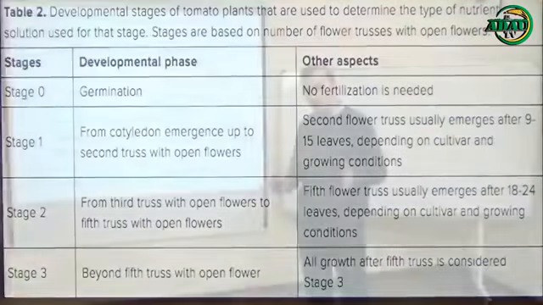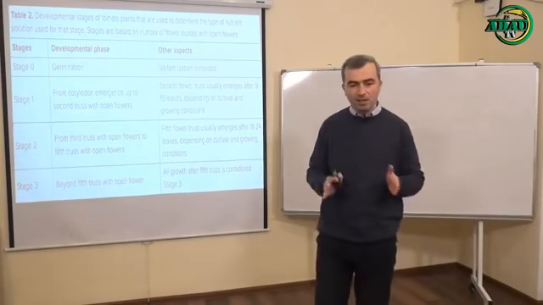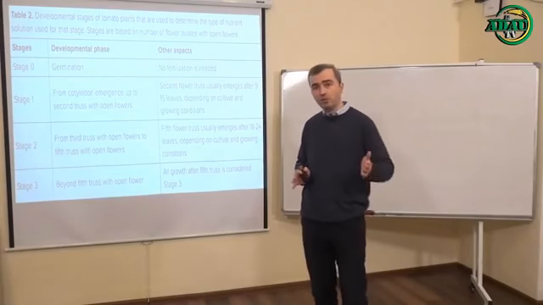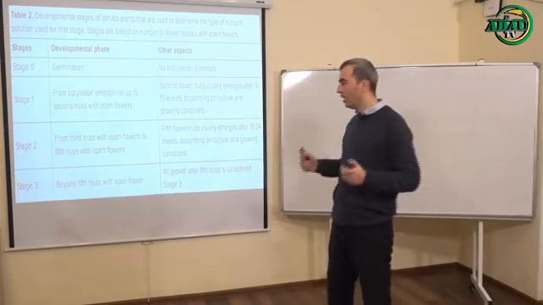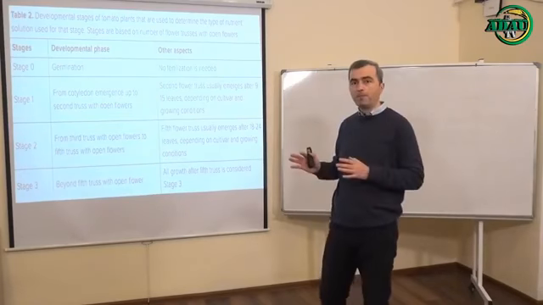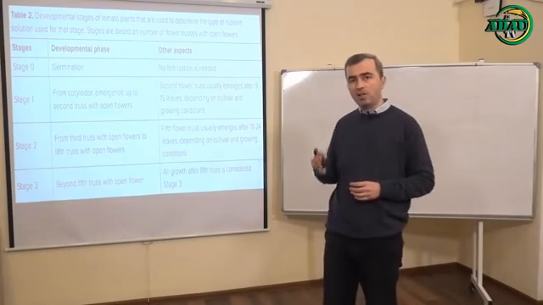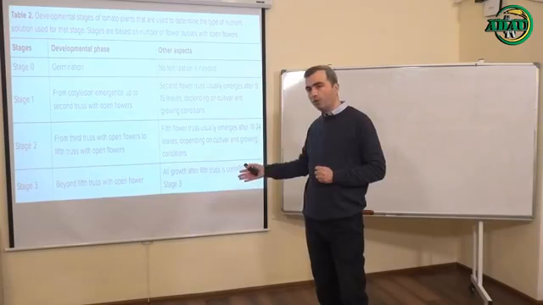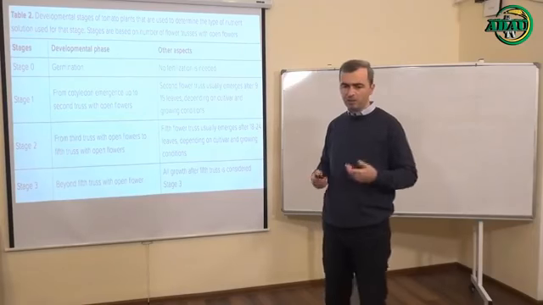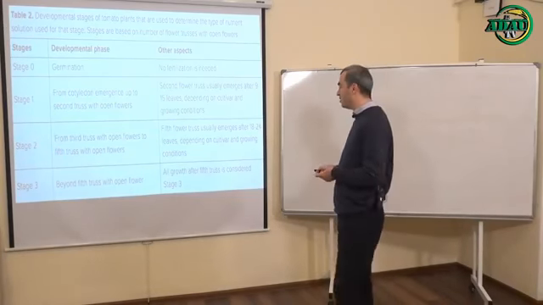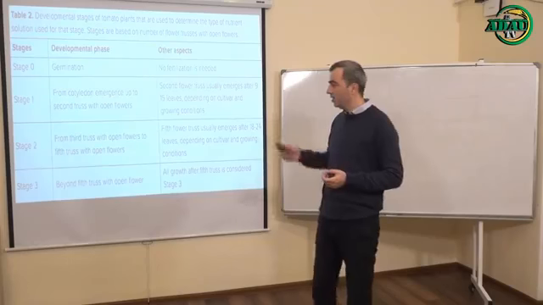Stage 2 starts when the plant has from 3 to 5 open flower trusses and already has from 18 to 24 leaves on the plant. And the last stage starts from the 5th open flower truss up to the end of plant growing. So all growing after the 5th open truss is nominated as stage 3.